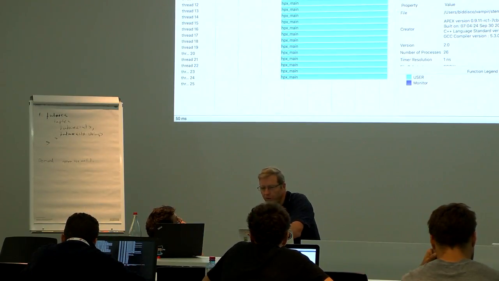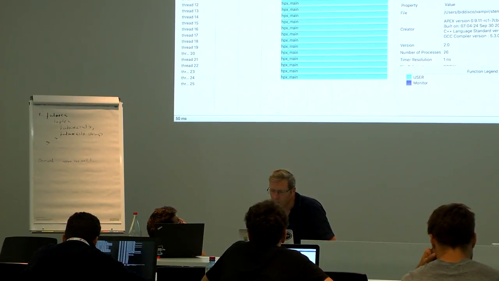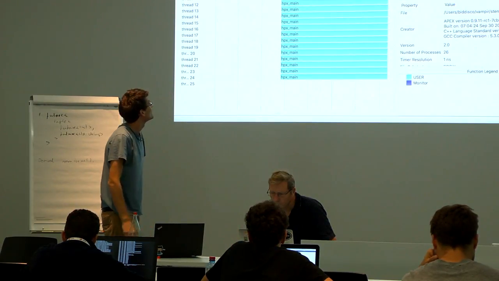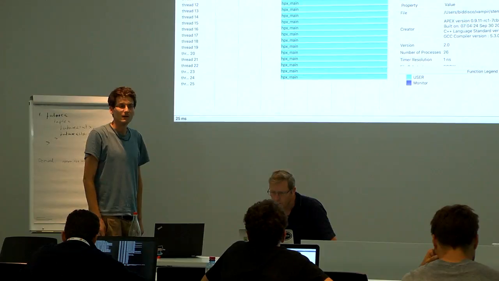It's interesting that there's only 14 microseconds total time spent in that set. Yeah, because it's just an applied, so here you can see that the channel is so efficient that it doesn't even show up in the profile.